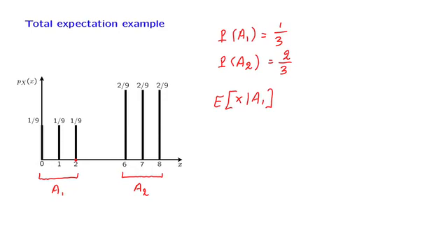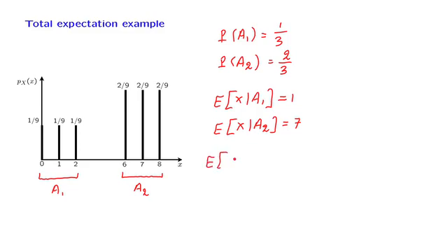They had equal probabilities, so in the conditional model they will also have equal probabilities, so we will have a uniform distribution over the set 0, 1, 2. By symmetry, the expected value is going to be in the middle, so this expected value is equal to 1. And by a similar argument, the expected value of X under the second scenario is going to be the midpoint of this range, which is equal to 7.